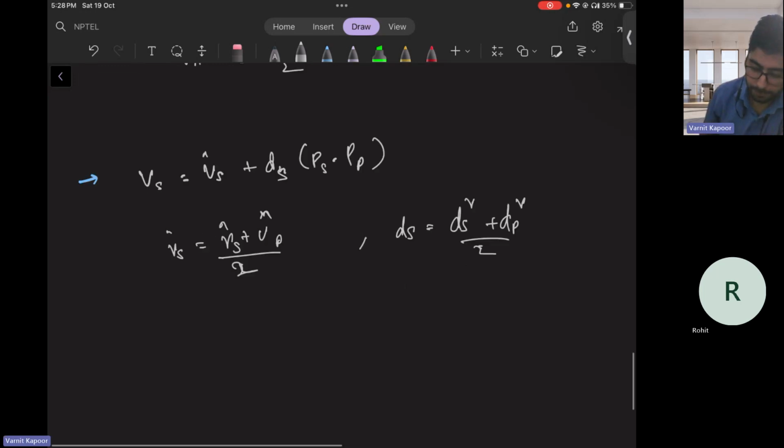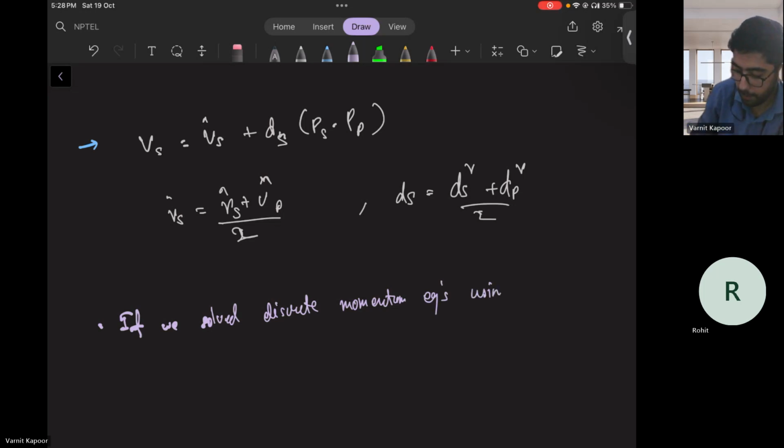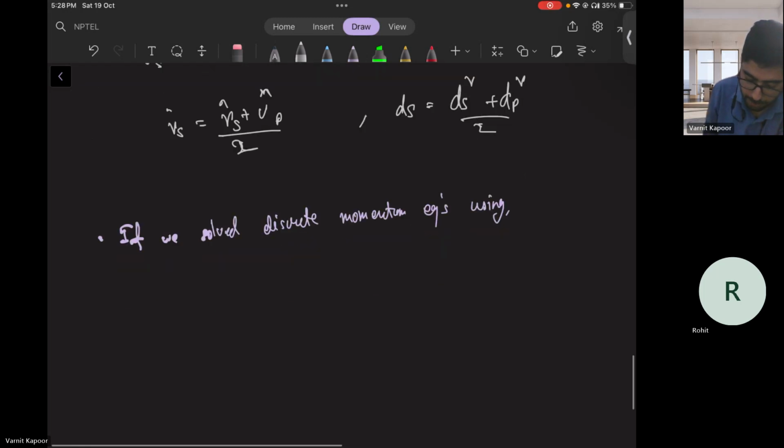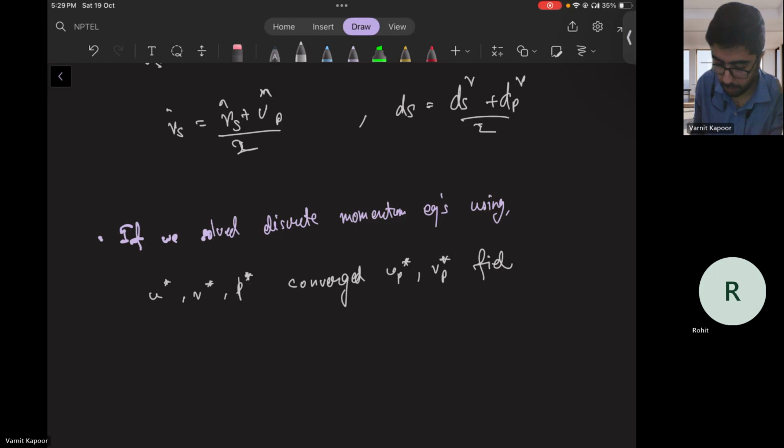Okay, so let me write. If we solve the discrete momentum equations using U star, V star, and converge the UP star and VP star field, it will not satisfy the continuity equation.